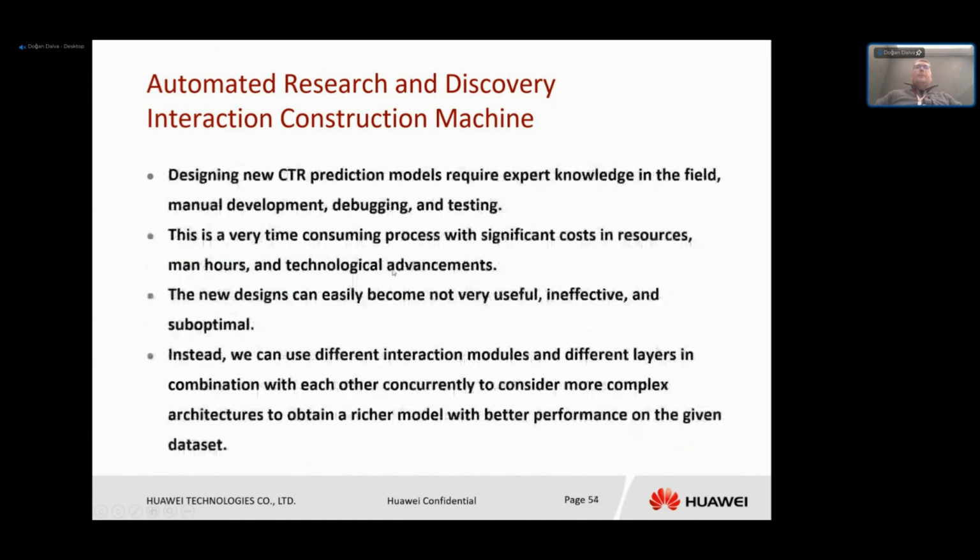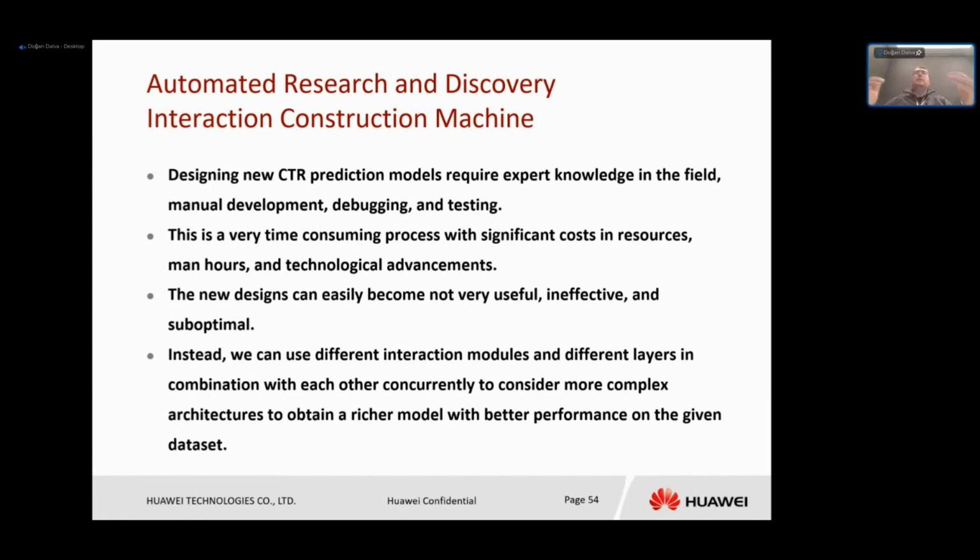So as I mentioned, debugging and building new CTR prediction models require expert knowledge in the field and take significant resources, man hours, and technological advancements. And additionally, these new designs may not be very useful when the dataset changes, for instance, when the online traffic changes.